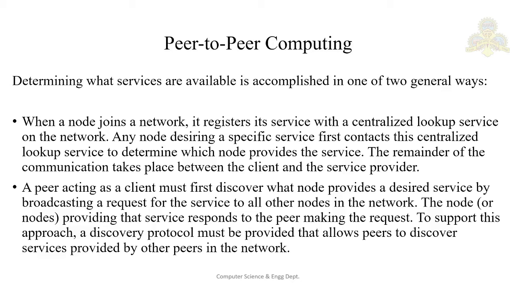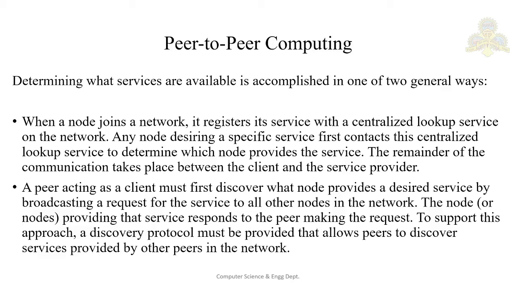So when a node joins the network, first it registers its services, what services it is providing, and those services are described in the centralized lookup service on the network. Say there is a node 2 which is a client, desiring to perform a task which is only provided by the node that has just joined the network.